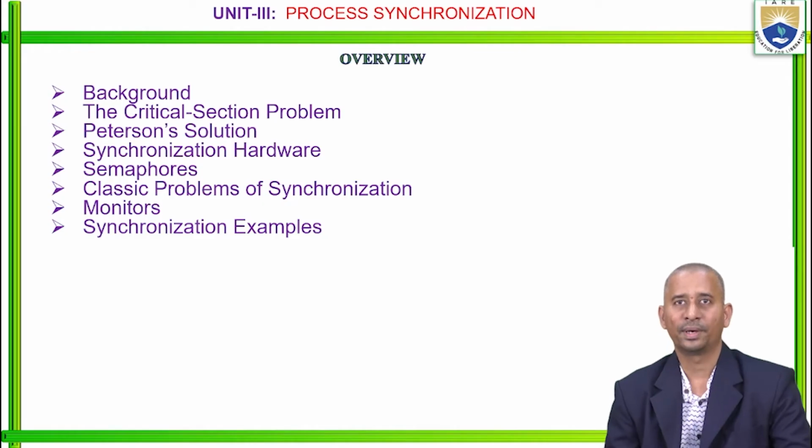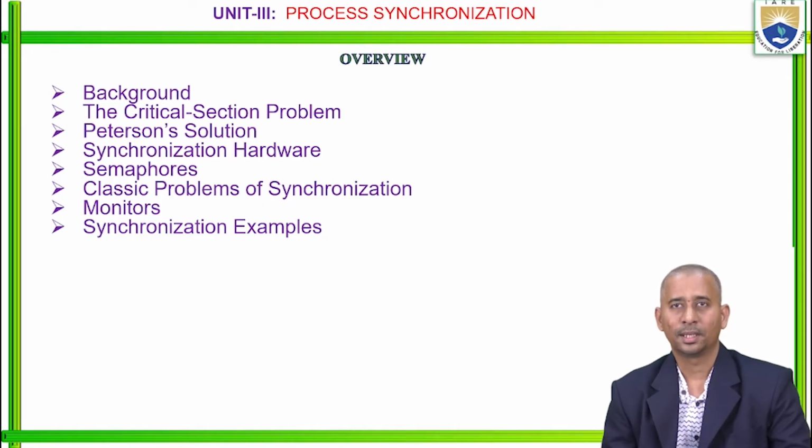Now look at this, the process synchronization overview. What is the introduction to process synchronization and the critical section problem? The solutions for the critical section problem are Peterson's solution, synchronization hardware, semaphores, and various classic problems of synchronization, monitors, and synchronization examples.